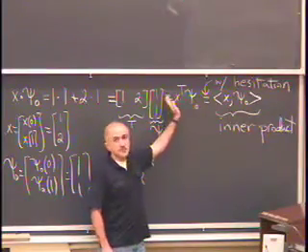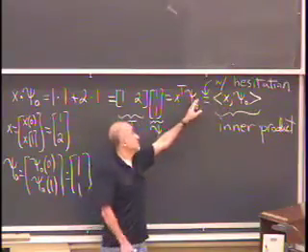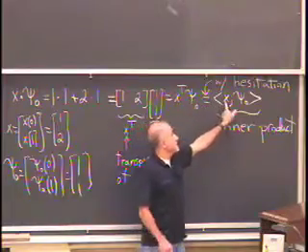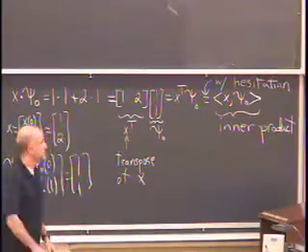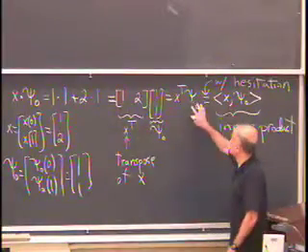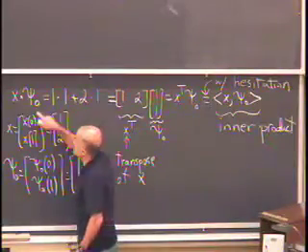When everything is real, the two definitions collapse onto each other. They're the same. But when either x or C0 is complex, then we have to change the definition. We'll do that. For now, just worry about the dot product. So you took the dot product of x with phi 0.